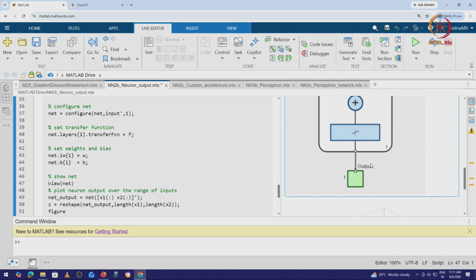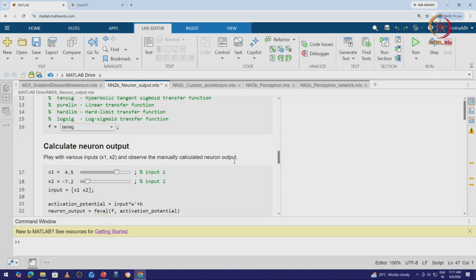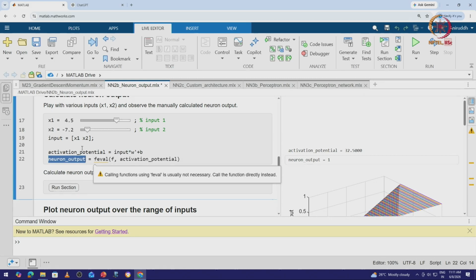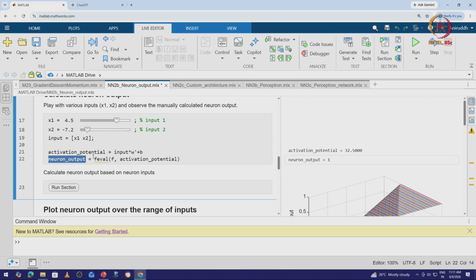This is similar to the representation we just saw earlier, but MATLAB has its own specific representation. Now one important part is if we keep varying the value of x1 and x2, we can have varying outputs, and for varying values of x1 and x2 we can pass it through f eval f comma activation potential.